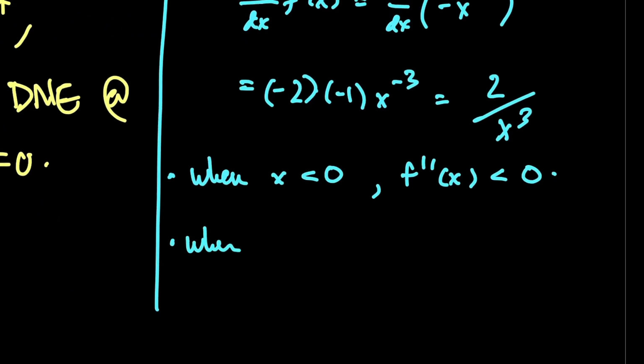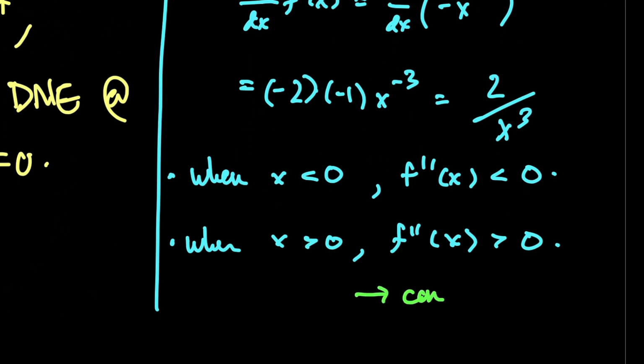And when x is greater than 0, f double prime of x will be greater than 0 because, again, I'm plugging in a positive number. The top and bottom are now positive, so the whole thing will be positive. And so this means that it's concave up. And this here meant that it was concave down.